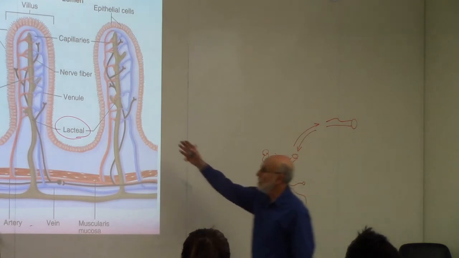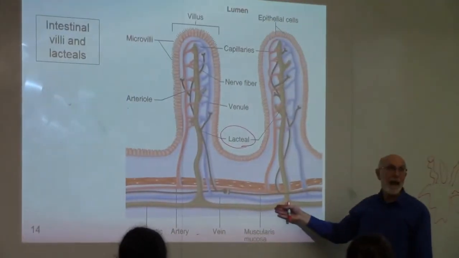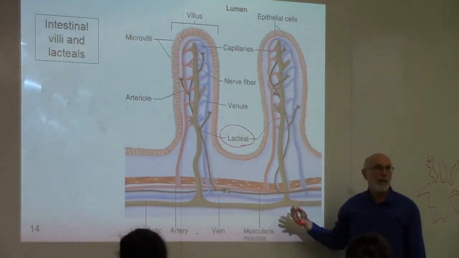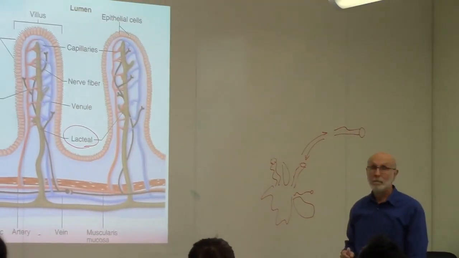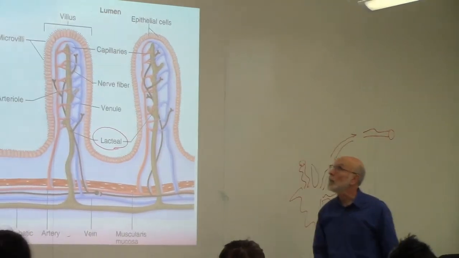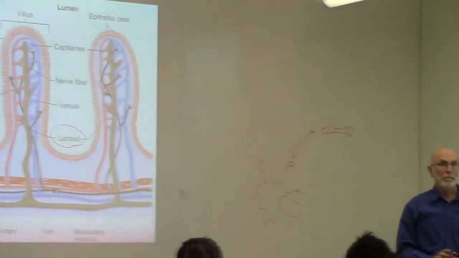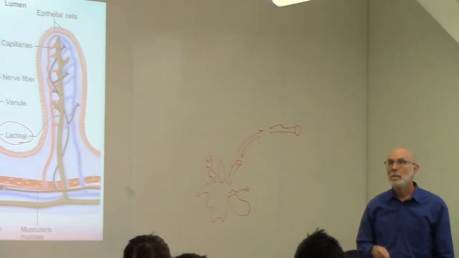The lacteal drains into a lymphatic vessel, which is eventually going to drain into venous blood. So this is the structure of the intestinal villi, folds.